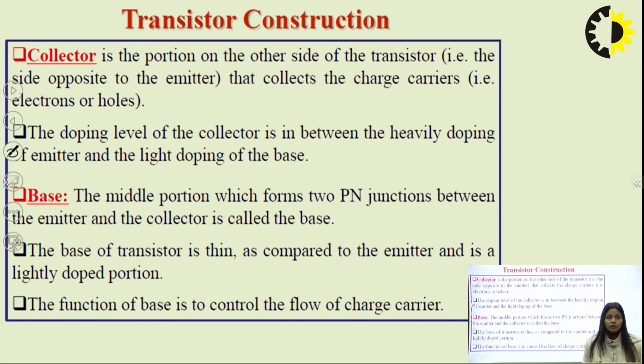The function of the base is to control the flow of charge carriers. That means the emitter is emitting the charge carriers, the collector is collecting them, and the base is controlling the flow of charge carriers from emitter to collector. So these are the transistor construction points.